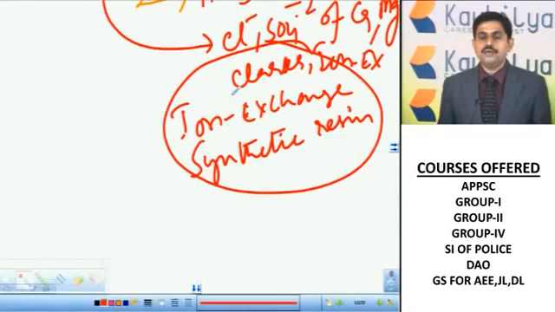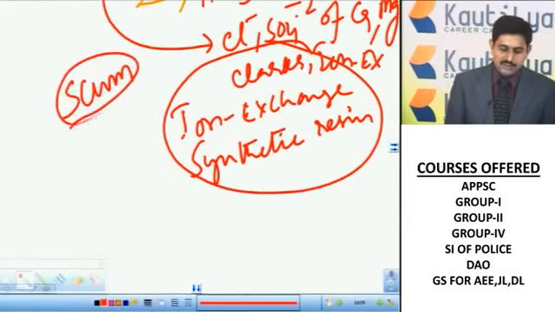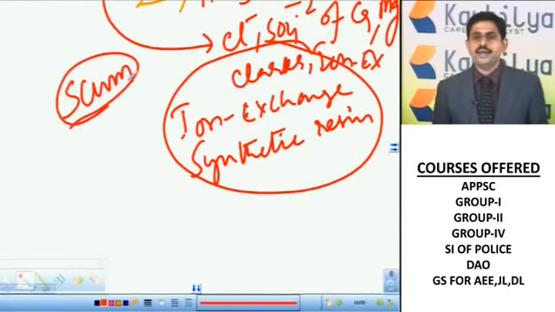If you use hard water for cleaning, there is formation of scum, a precipitate here and there on the cloth. So this hard water cannot be used for cleaning purposes.